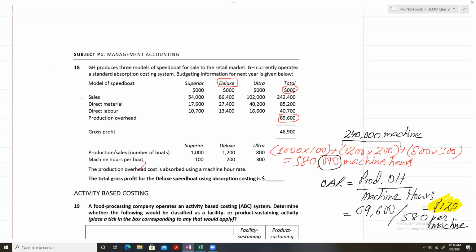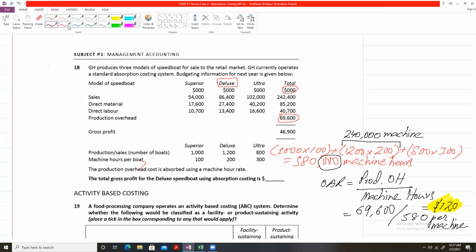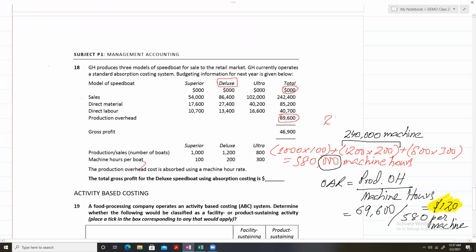What you did, you simply multiplied this 240,000 by $120 to get an answer that is equal to 28.8 million.